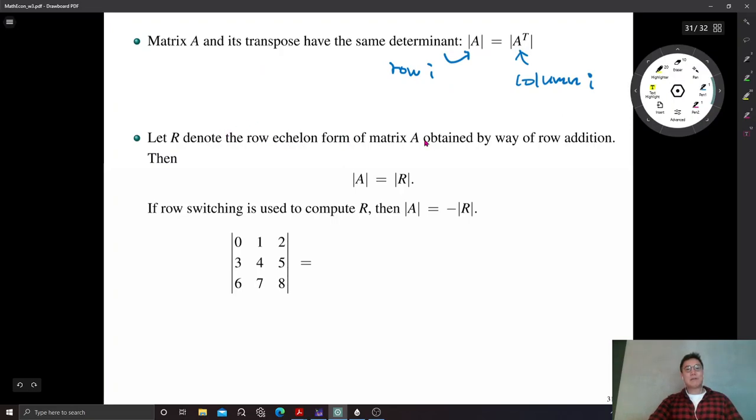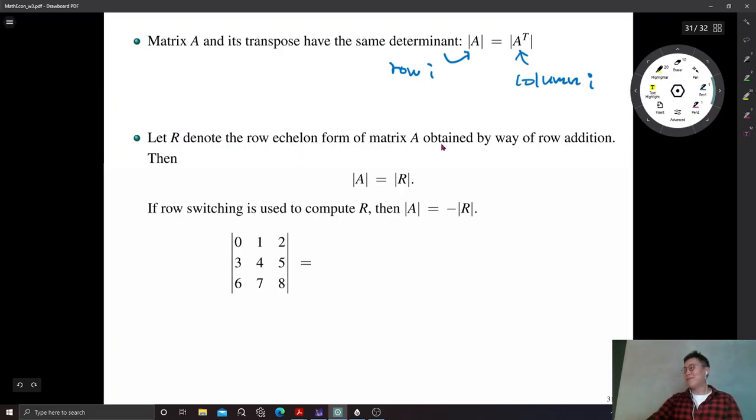And the last property is non-trivial. It's not that straightforward. So we are going to prove this fact in the next video. But in this video, let me just introduce that property. It states, suppose we have a matrix A, and the matrix R denotes the row echelon form of this matrix.